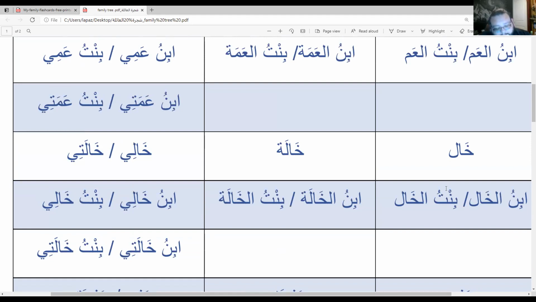Okay, now with خال and خالة. If I want to say my uncle or my aunt, I'll just add a ya. So خال would be خالي. And my aunt, in the colloquial we say خالتي, but in the formal it would be خالتي.